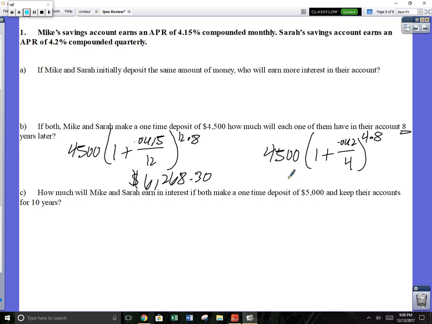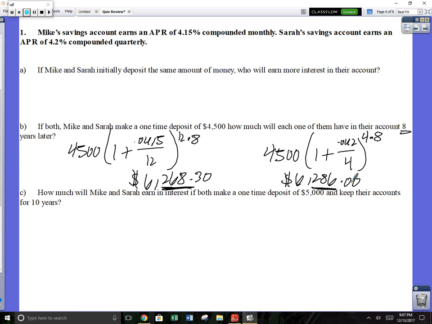Sarah is going to have $6,286.0. So that slight difference over 8 years, Mike has $268, and she has 286. So like $18 more, which might not be much, but every little bit helps.